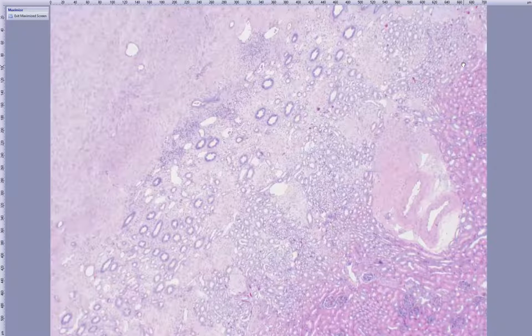Wilms tumor should always have, or almost always, virtually always, have that fibrous pseudocapsule at least in some area. And this tumor really doesn't. It's kind of blending in and percolating in between some of these tubules. And you'll see maybe some other areas where it really just sort of blends and is somewhat infiltrative.